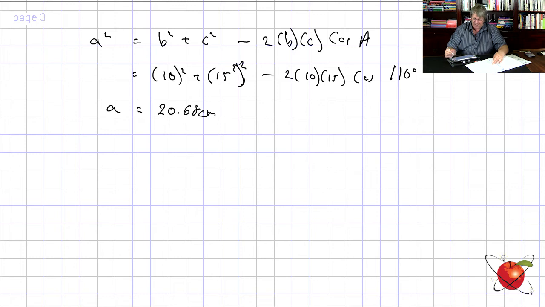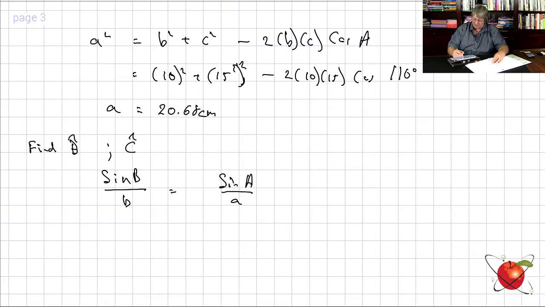Now, let us find angle B and angle C. Well, we say sine B over b is equal to sine A over a, don't we? You can't put B and C together because you don't know them.